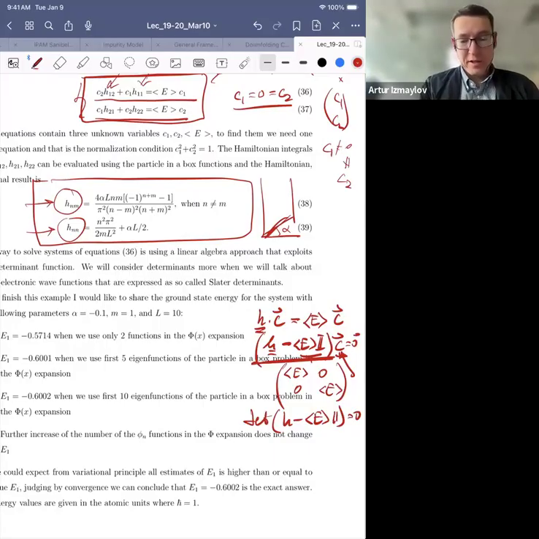Because if there is no linear dependency, then the only solution is the coefficients equal to 0. That's why we are solving the determinant equation, in order to find the expectation value, to get the solution of our equation and find the coefficients.